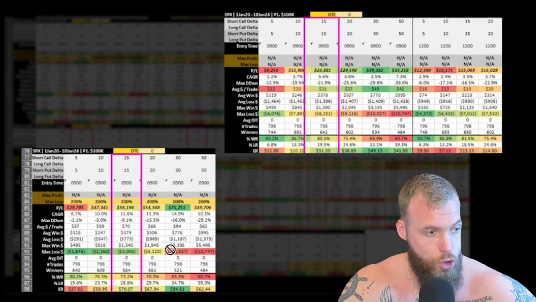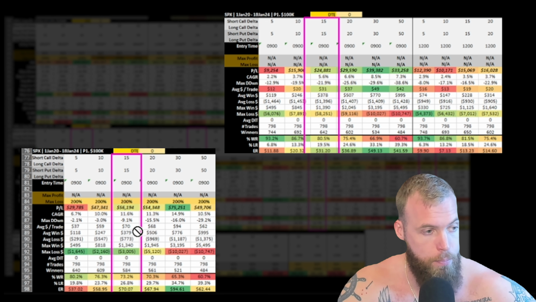That is a great change. Now, if I look at the average win prior to the adjustment, it's 378. And after the adjustment, it goes down ever so slightly. So I don't actually care. That means I haven't made a big impact there. Now, notice how the number of winners changes.